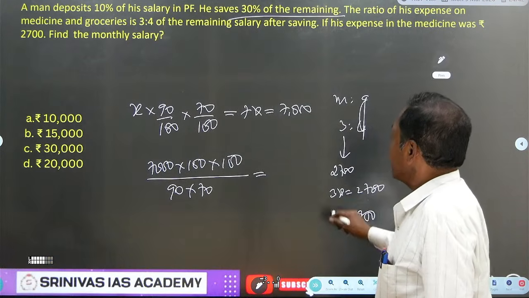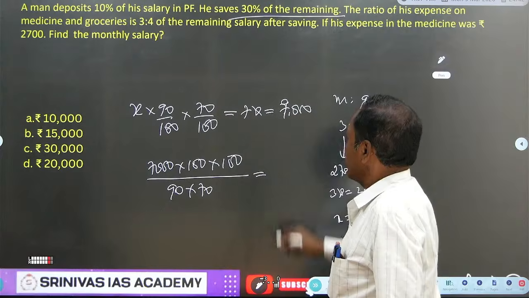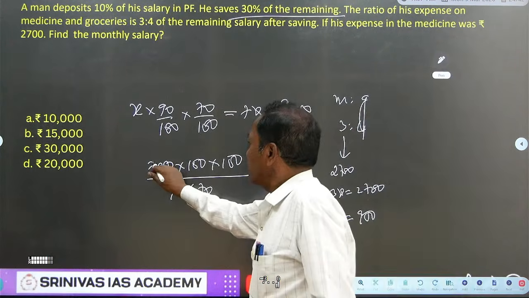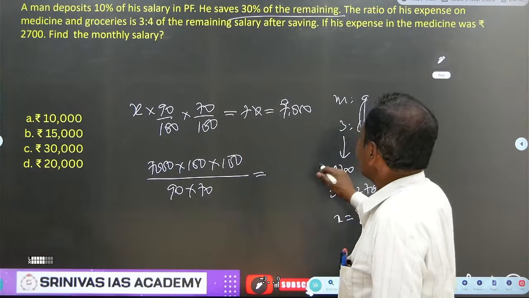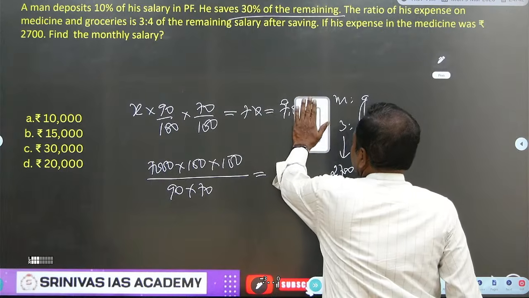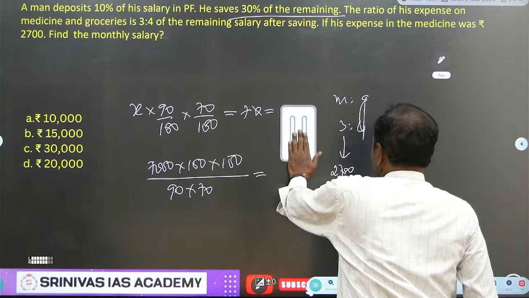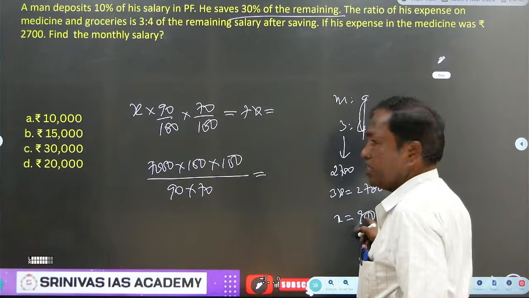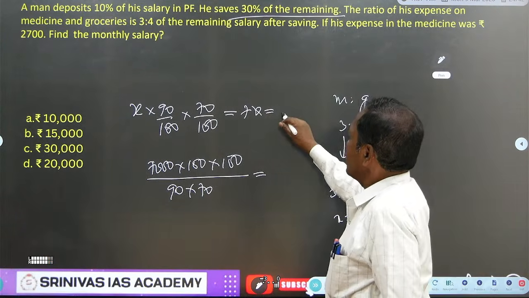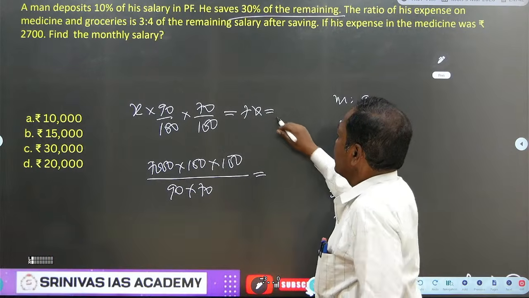How many ratios are there? Total ratios are 7, no? What is 1 ratio? 900 is the 1 ratio. 900 into total 7.